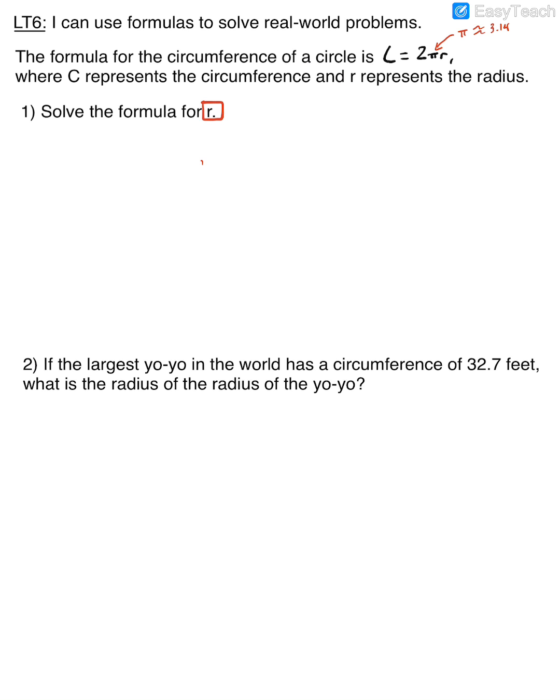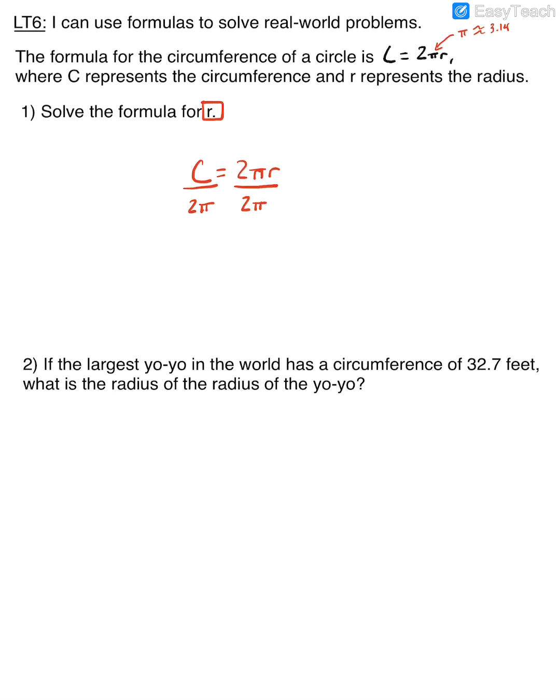Okay, so taking my equation, I have C equals 2 pi r. Now 2 and pi are both multiplying to r. So how I would undo one is how I would undo both. Because they're both being multiplied, I would undo them both by dividing.